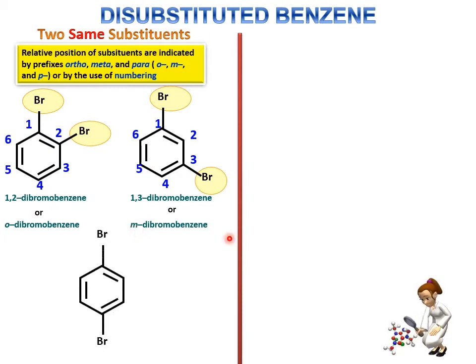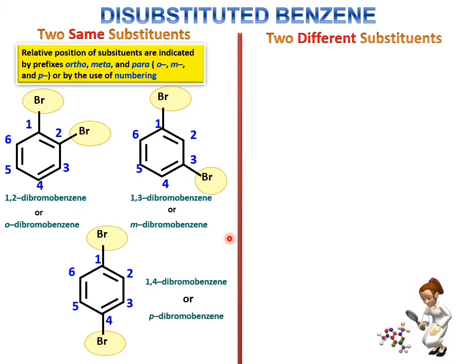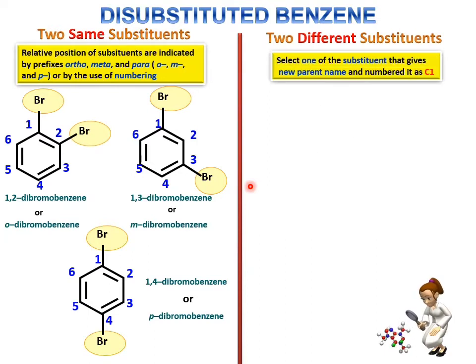And then we have, look, the position of bromine now at position 1,4. So you can write either 1,4-dibromobenzene or para-dibromobenzene. So we replace 1,4 here with P. P stands for para.